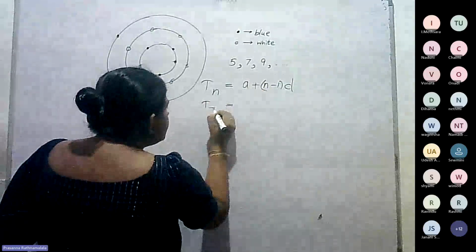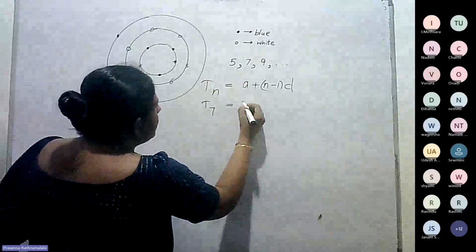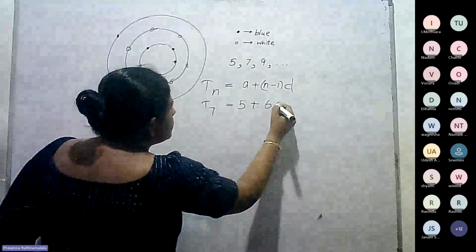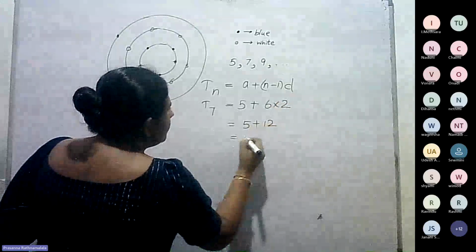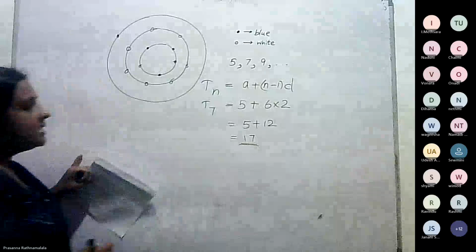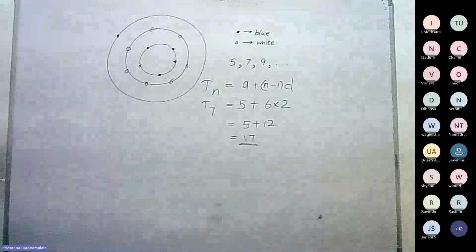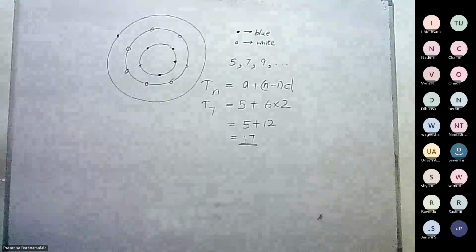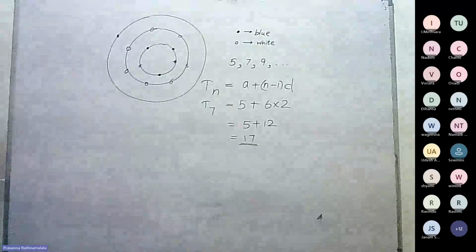Then 7th term means n equals 7. Then what is the first term? That is 5. 7 minus 1, 6 times 2. 5 plus 12, that is 17. Then in the 7th term, there are 17 students, right?